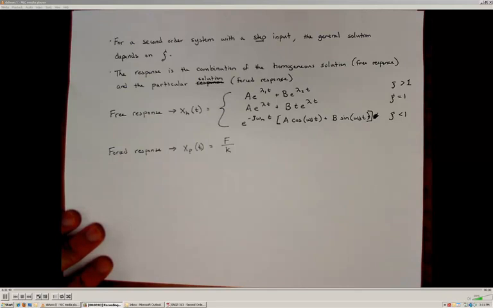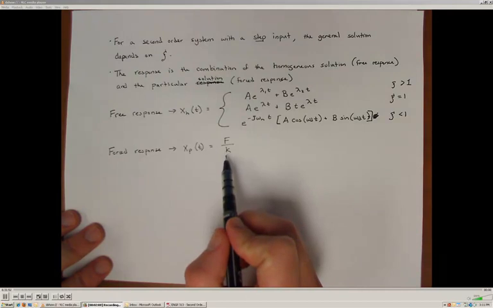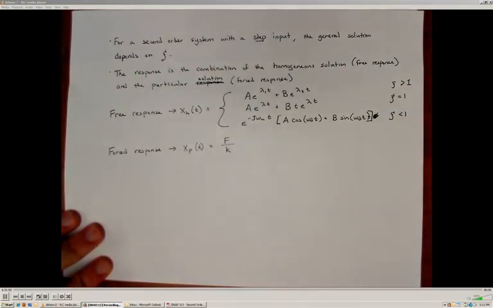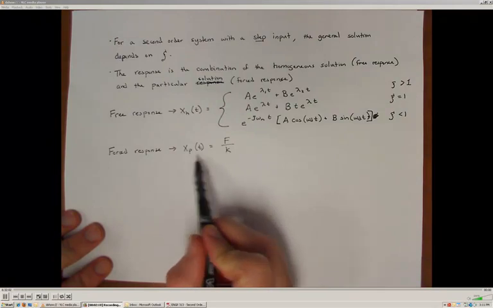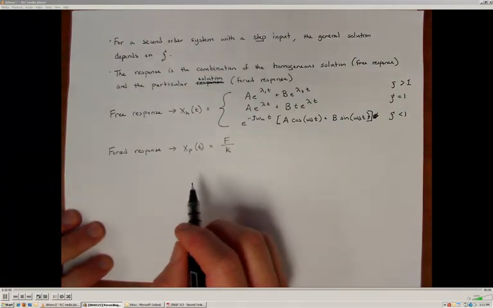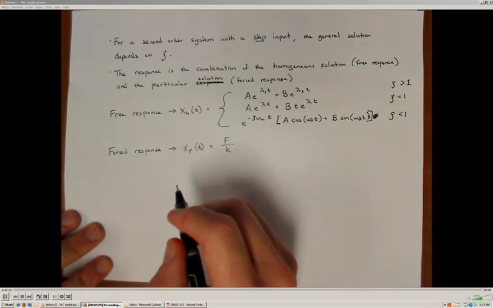So after a very long period of time, the only thing that's going to be left of our step input response is our forced response, or our particular solution. So that tells us that in addition to being the particular solution, the forced response is also what happens to the system in steady state for a long time after the step input has occurred.